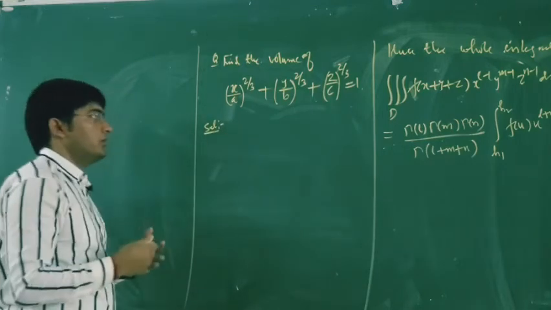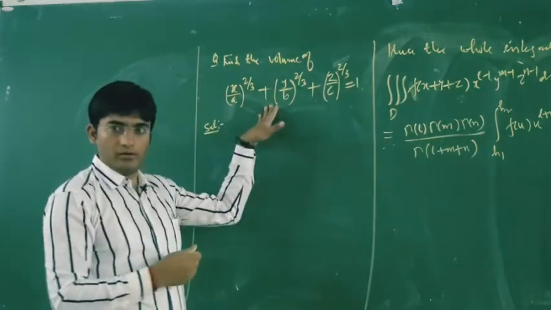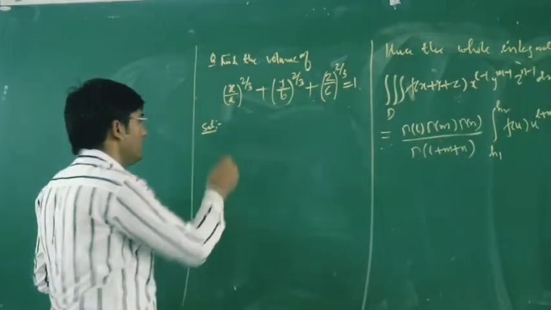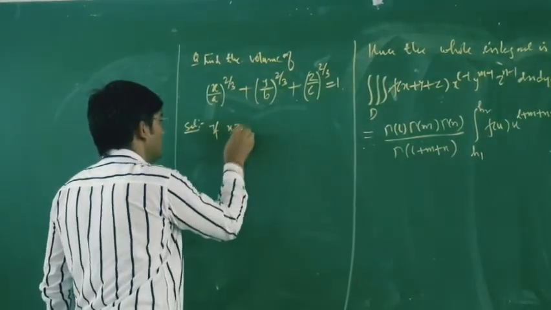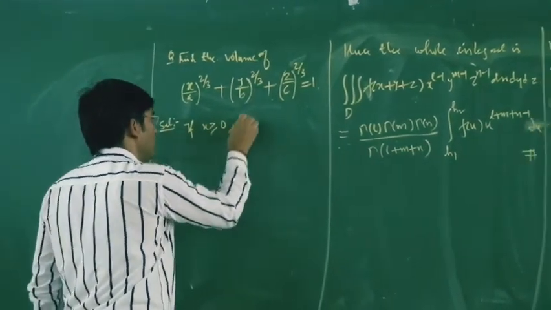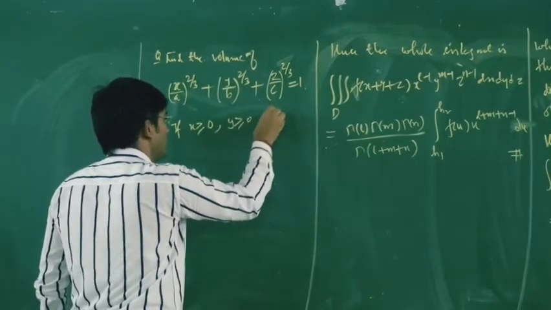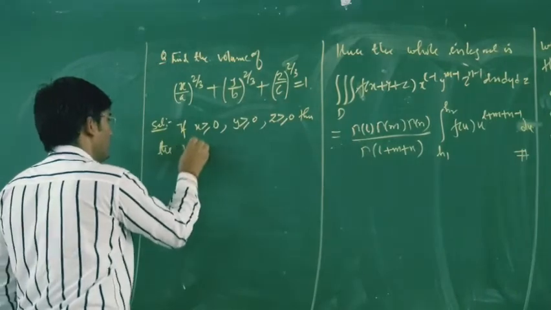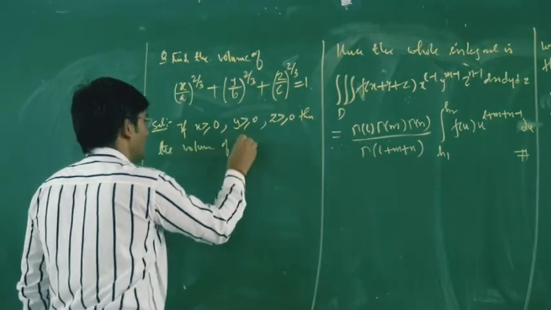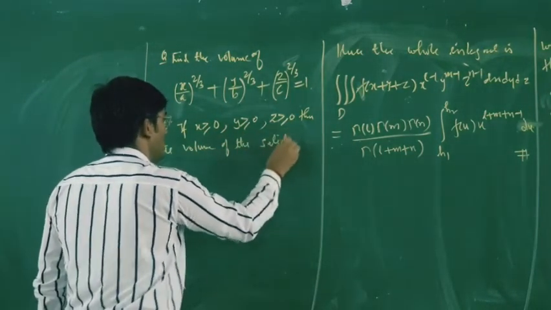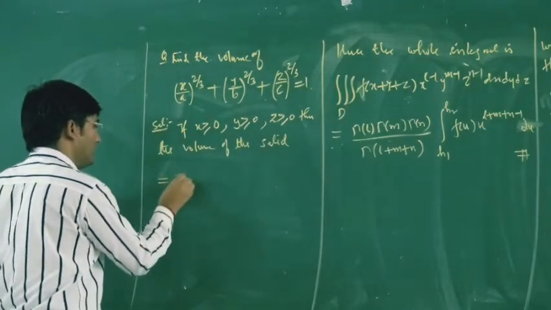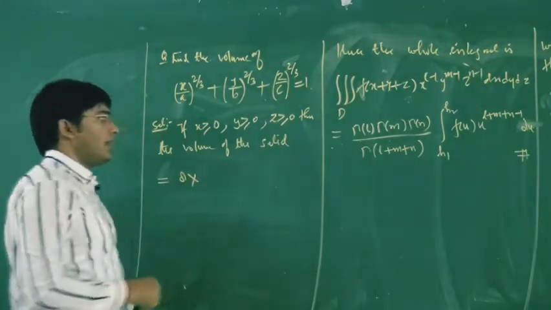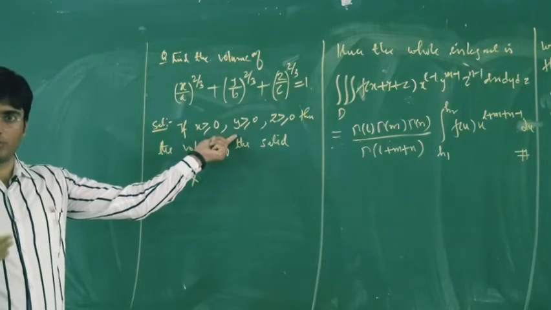the volume of this solid will be basically, now let us assume x greater than or equal to 0, y greater than or equal to 0, z greater than or equal to 0. I am just taking the first positive octant.